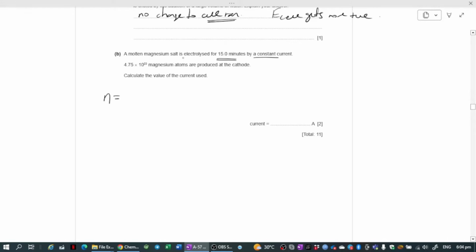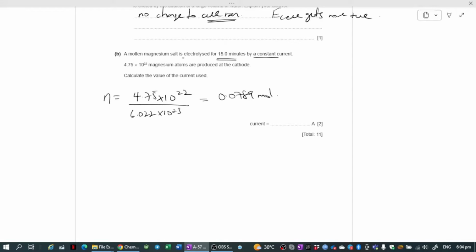So the number of moles of magnesium produced is 4.75 by 10 to the 22 divided by Avogadro's constant L, which is at the back of the question paper in the data sheet, given as 6.022 by 10 to the 23. And this should give us 0.0789 moles.